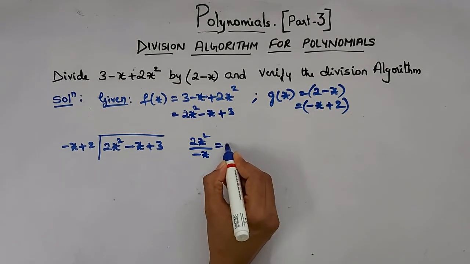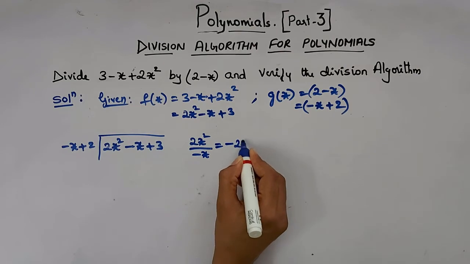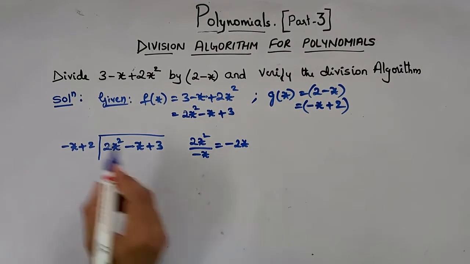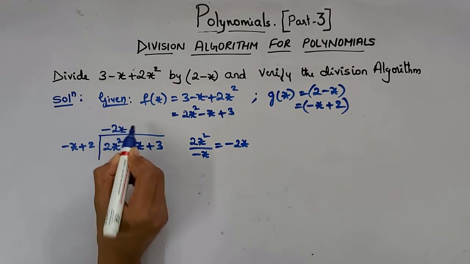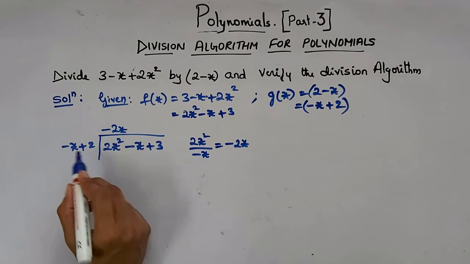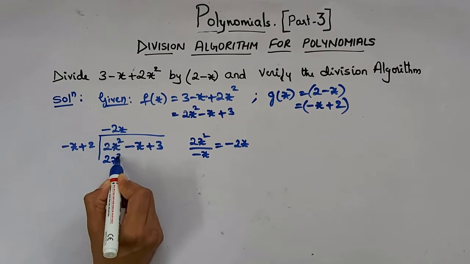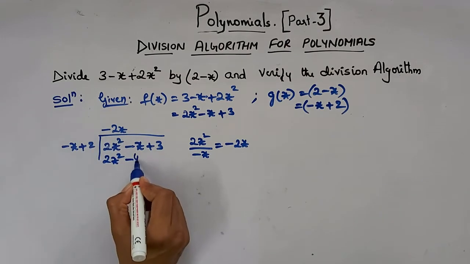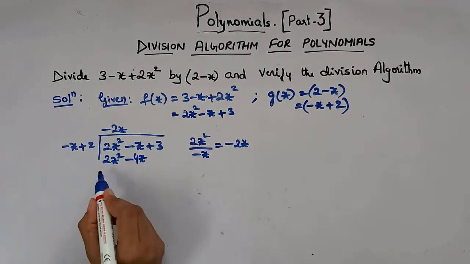So this will give you minus 2x, right? 1x is gone, so left with 2x. So now minus 2x. When you multiply minus into minus is plus 2x into x, so 2x square; minus into plus will give minus 2 twos are 4x, right?